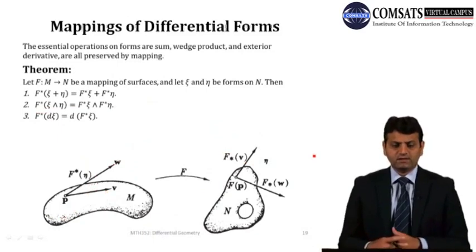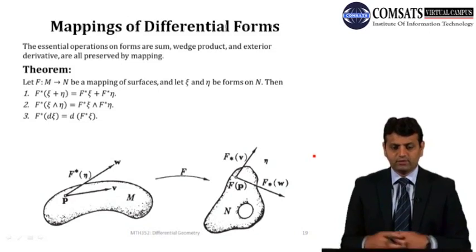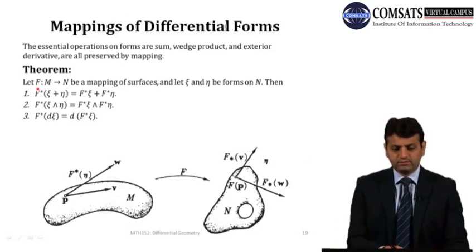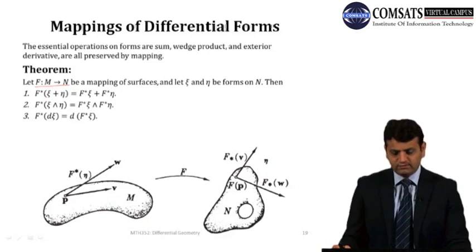Now the essential operations on forms are sum, wedge product and exterior derivatives, and they are all preserved by the mappings. Now for example, consider this theorem. F is a function from the surface m to the surface n, and it is a mapping, which means it is a differentiable function, and xi and eta are two forms on n.